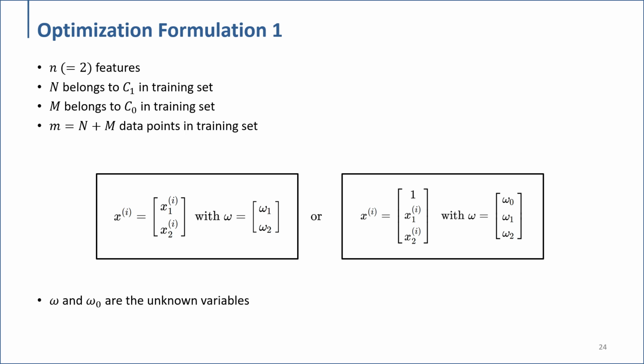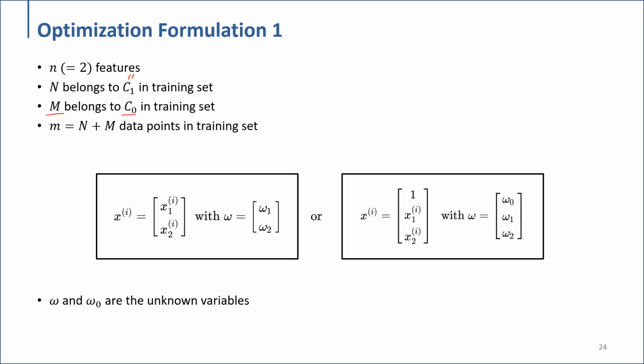From that, let's learn how to formulate this problem as an optimization problem. For simplicity, we are considering the case of only two features, and let's say n data belong to C1 in the training set and m data belong to C0 in the training set.